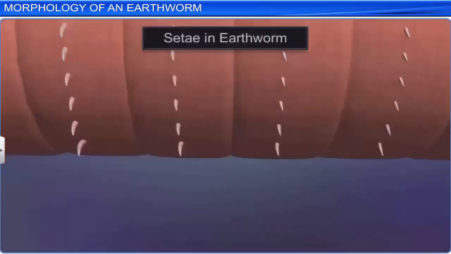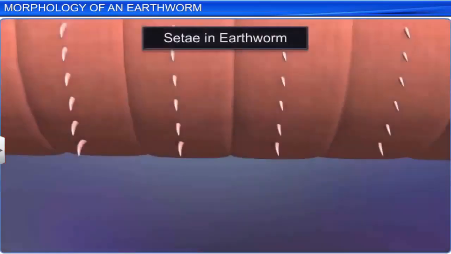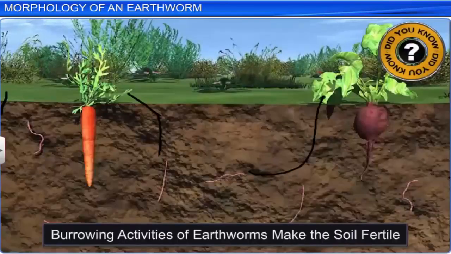The earthworm's body is rough to the touch due to the presence of tiny S-shaped bristles called setae, which are embedded in the epidermal pits. Each segment of the body, except the first, last and the clitellum, has setae which help in locomotion. Did you know that earthworms are known as friends of farmers?